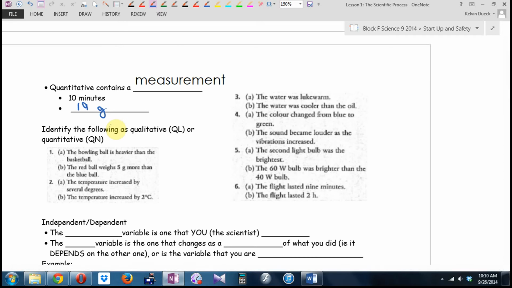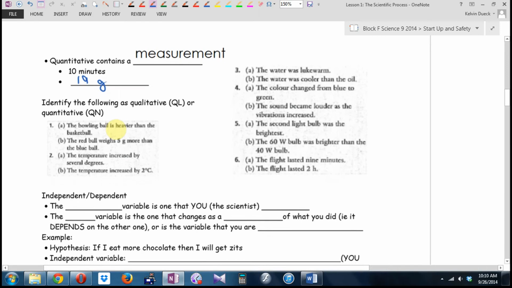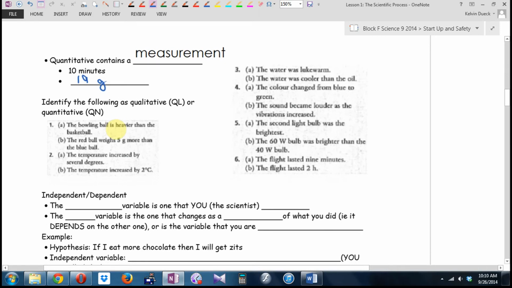So what you want to ask yourself is, which one of these is just telling you kind of yes or no? Which one of these is actually giving you a value? 1A says the bowling ball is heavier than the basketball. 1B says the red ball weighs 5 grams more than the blue ball. Which of those do you think is quantitative? Which of those do you think has a measured value?